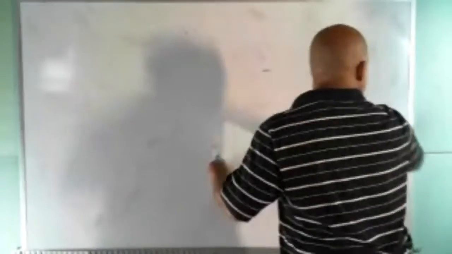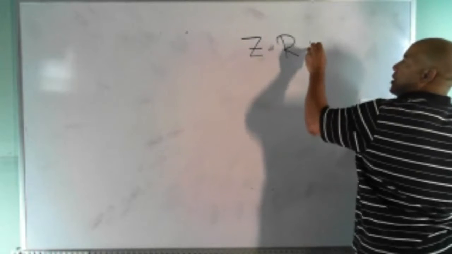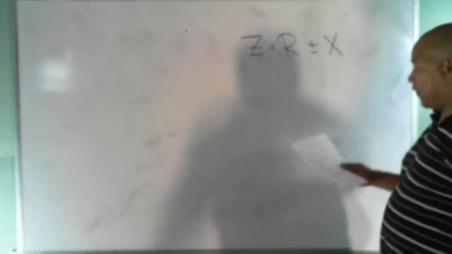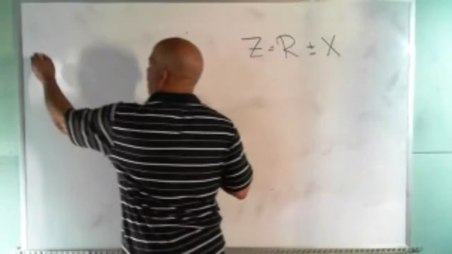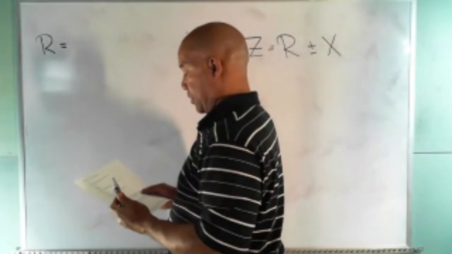Impedance is Z. So for impedance, you'll have the real part, which is the resistance, plus or minus the reactive part. So for the very first one, they say R equals 6.8 ohms.